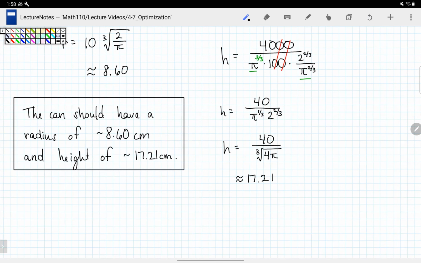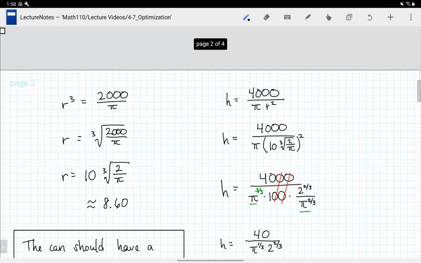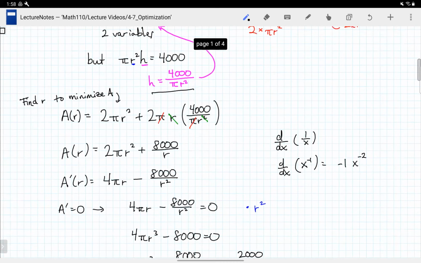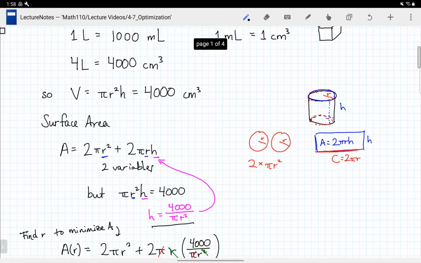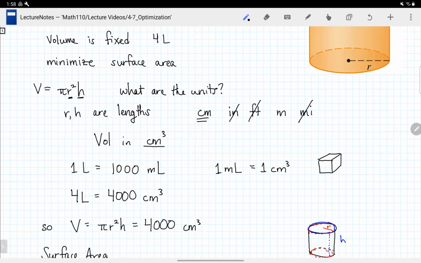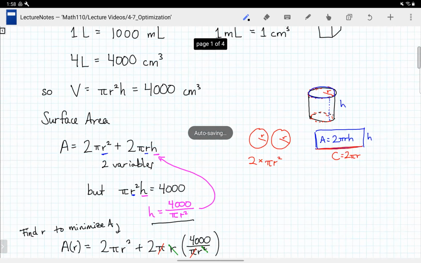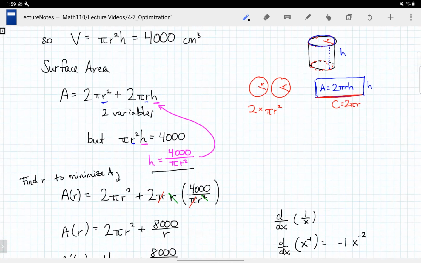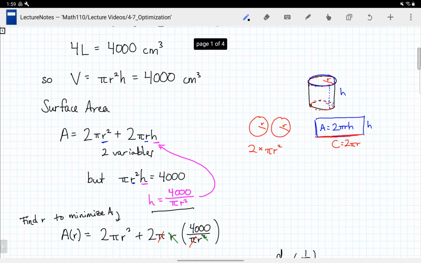So that is the work that we did to optimize. Again, just going back, the big work was actually getting this into the mathematical context. We had to know some formulas for volume and surface area. We also had to know some conversion between cubic centimeters and liters. And then we were minimizing the area subject to a fixed volume, right?